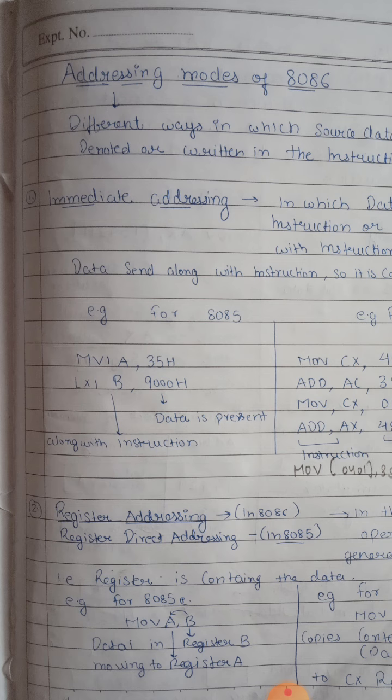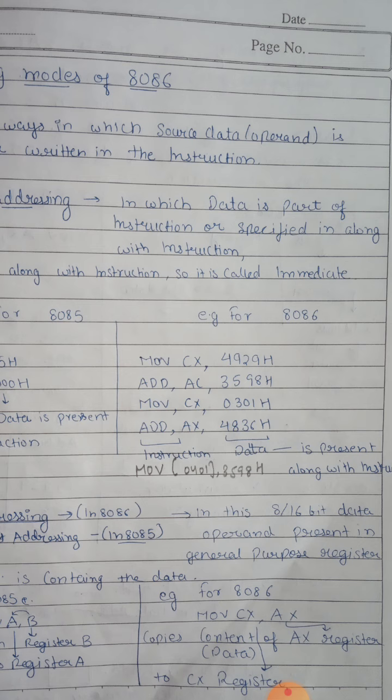The first addressing mode is immediate addressing. Immediate is a common word which means immediately, abruptly. In this mode, data is a part of the instruction, specified along with the instruction, so that whenever the instruction is executed, the data is immediately available to execute.